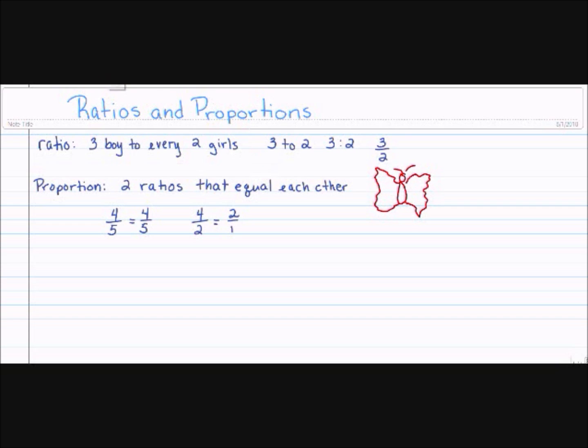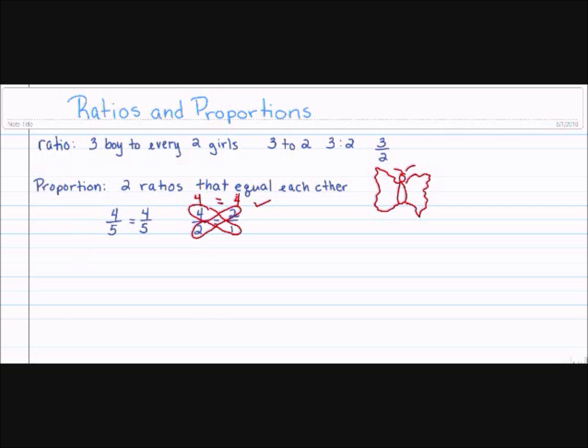I know, I'm so good at drawing, aren't I? The butterfly effect asks if 2 times 2 is 4 and 4 times 1 is 4, does 4 equal 4? Yes, it does. That's how I know those 2 proportions are equal.